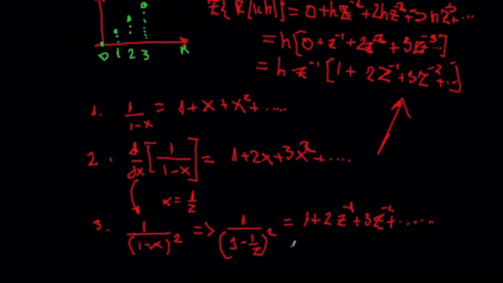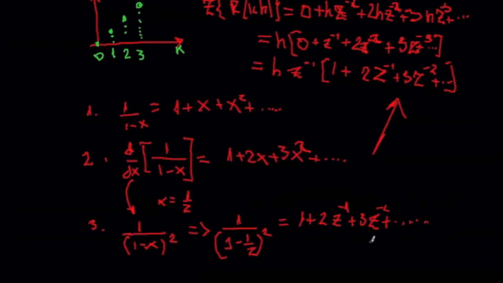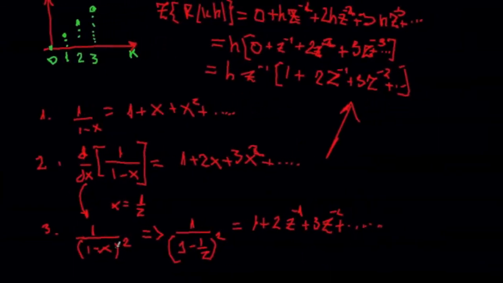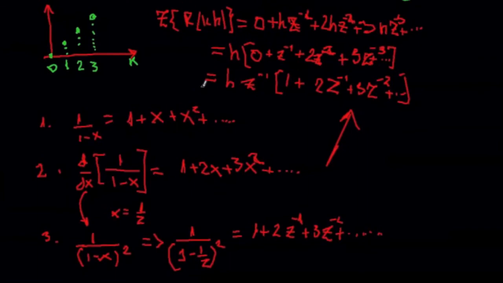Suddenly we have that expression. So finally, on the basis of this, we see that here we have the following: that the z transform of R(kH) becomes as follows.